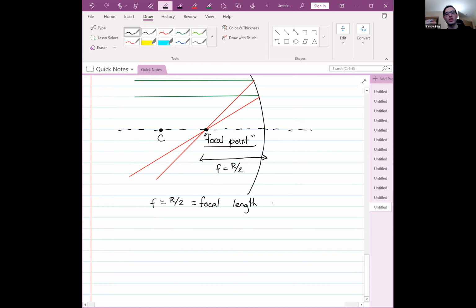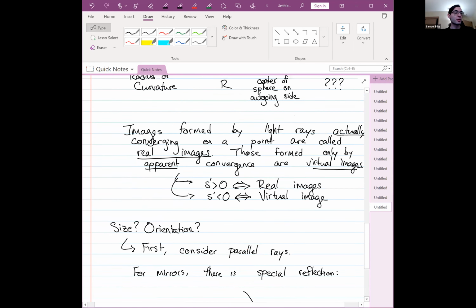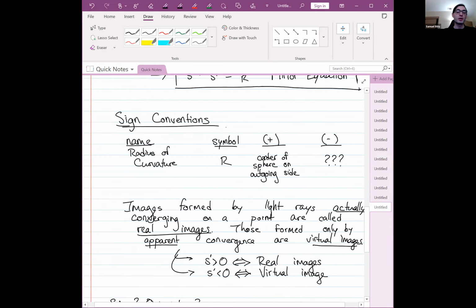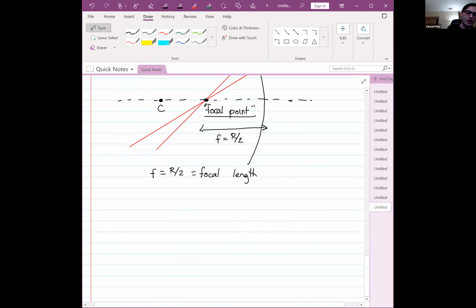And so by using this particular equation, we can actually simplify the mirror equation significantly. Remember, the mirror equation was this guy, but 2 over r is just 1 divided by r over 2, or 1 divided by the focal length. So this simplifies our mirror equation.